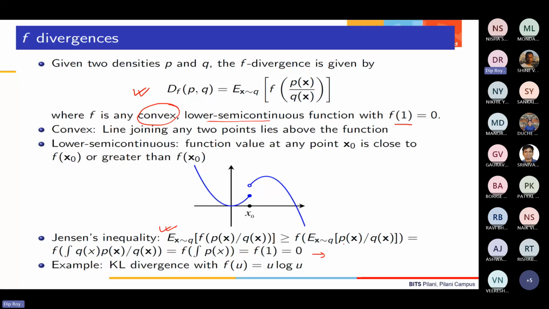When we push the expectation inside, this expectation over q, we can simply write it as the integral of q(x). Then this q(x) and q(x) cancel out. We are left with the integral of p(x), and we know that the sum of a distribution is equal to 1, and obviously f(1) is equal to 0.